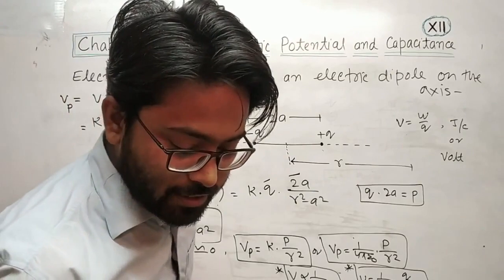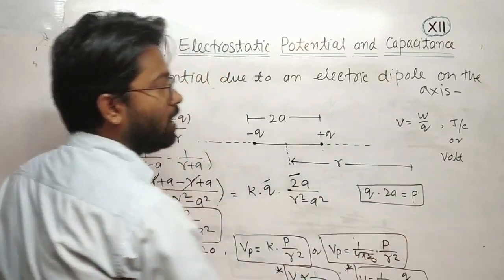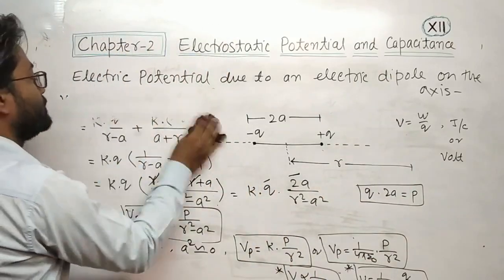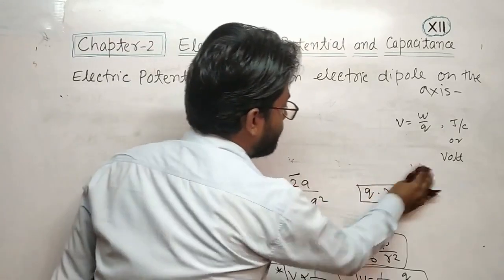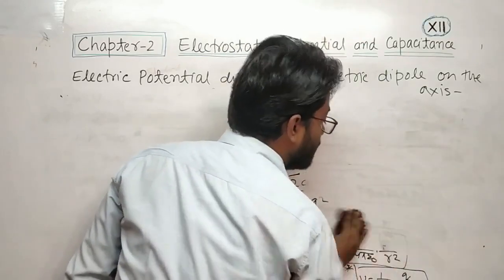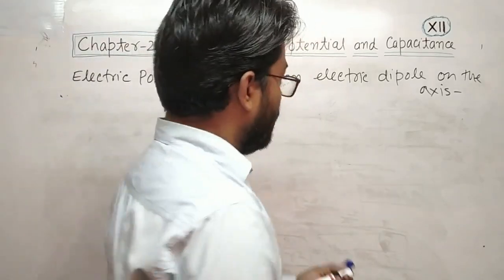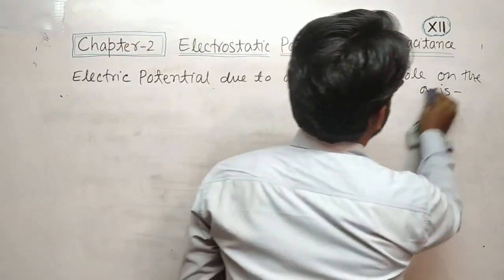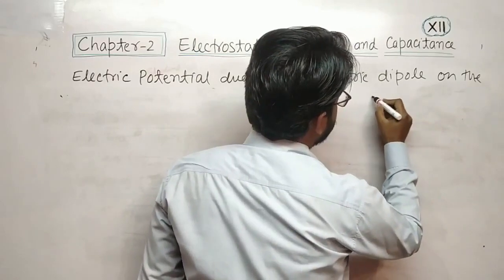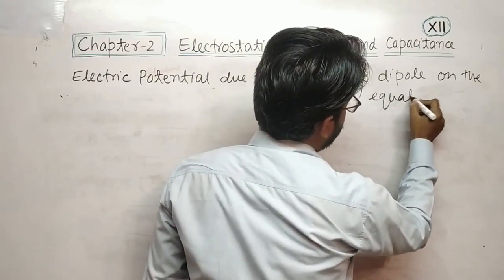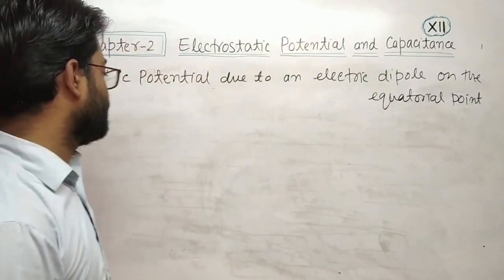Let us move to the next point, that is electric potential due to an electric dipole on the equatorial point. We need to calculate electric potential on the equatorial point.